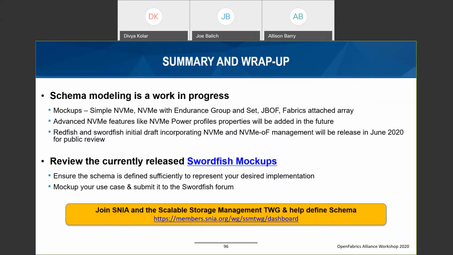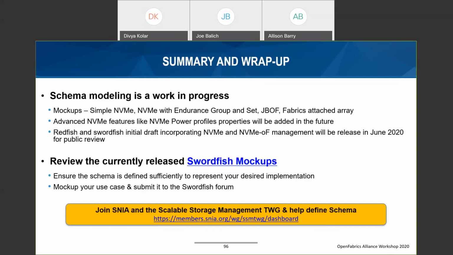So to summarize, the schema modeling is work in progress. We have mockups for a simple NVMe, NVMe with endurance groups and sets, and JBOF and fabrics attached arrays. Various advanced features like NVMe power profiles properties will be added in the future.